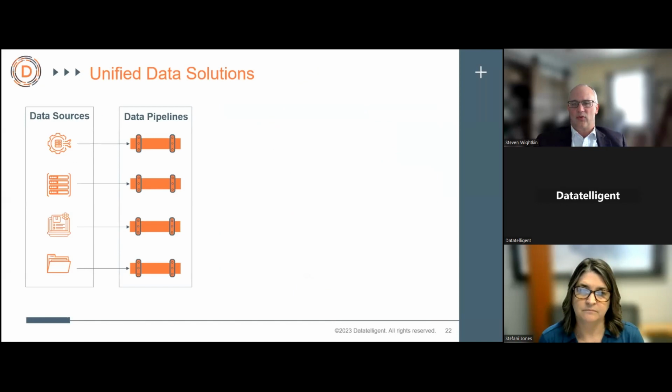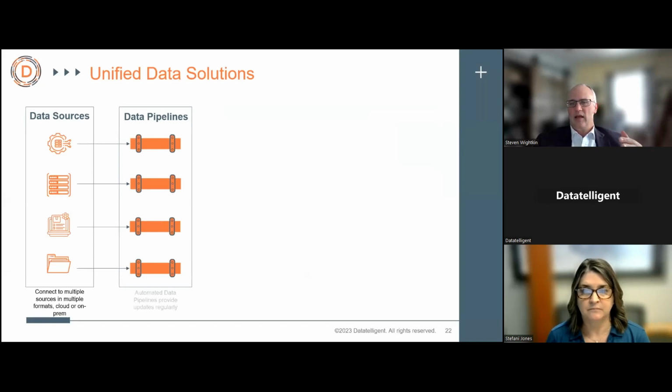So just walking through from left to right. The usual architecture is that we pull from your source systems, be it your student information system, your learning management system, external files, or spreadsheets.